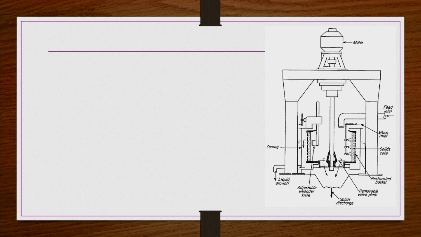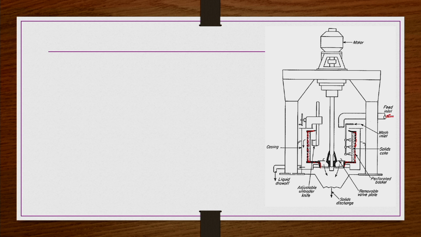So, this part here is a centrifugal bowl, which has a perforated wall like this. These walls are covered or lined with a filter medium, okay.